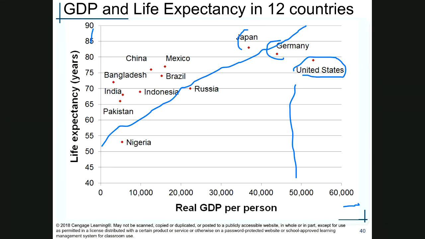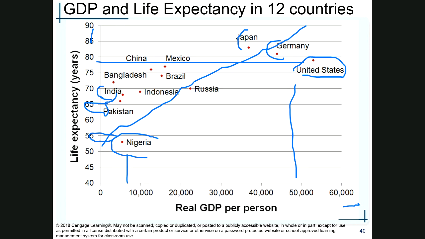They live longer. Versus Nigeria, with low GDP, where they just live to 50-something. In Pakistan, the average life would be less than 70 years, and so on.